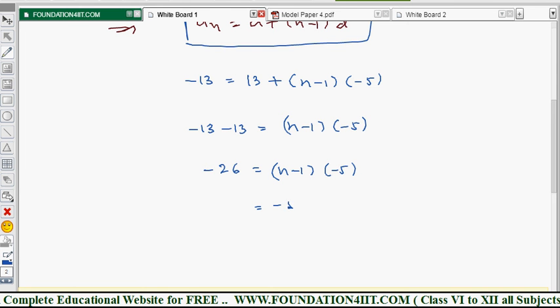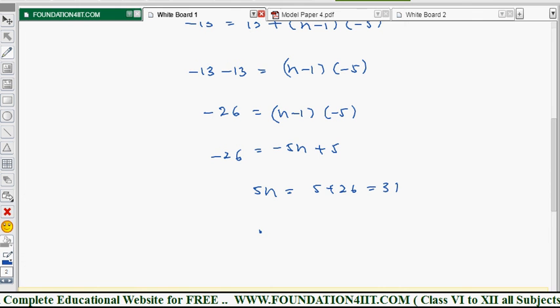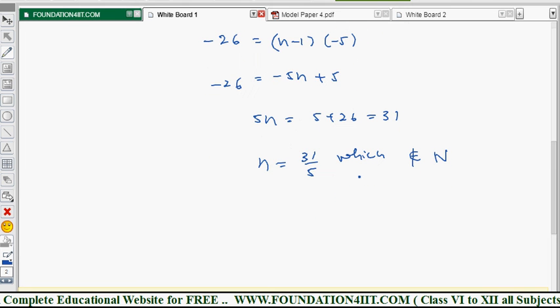You simplify: minus 5n plus 5, minus 26. Then 5n is equal to 5 plus 26, that is 31. Then n is equal to 31 by 5, which is not a natural number. n should be the numbers 1, 2, 3, and so on. So 31 by 5 is not a natural number.